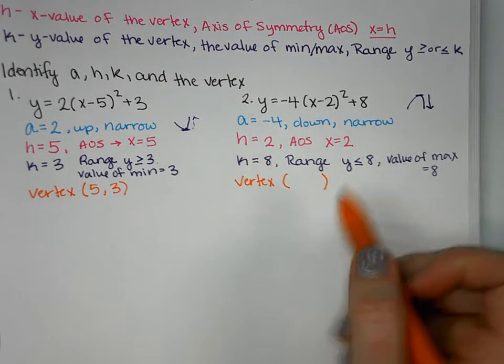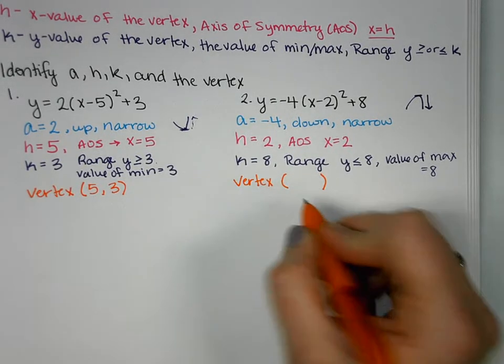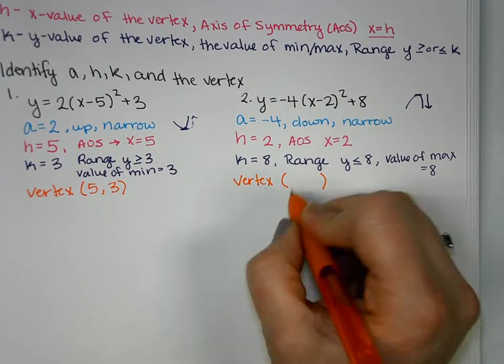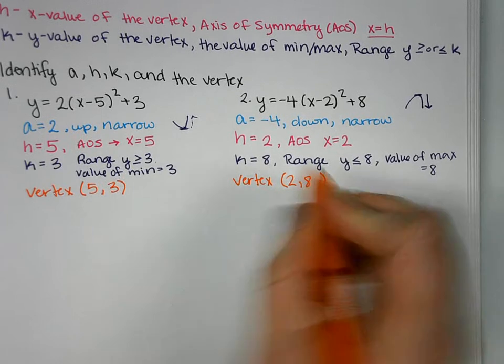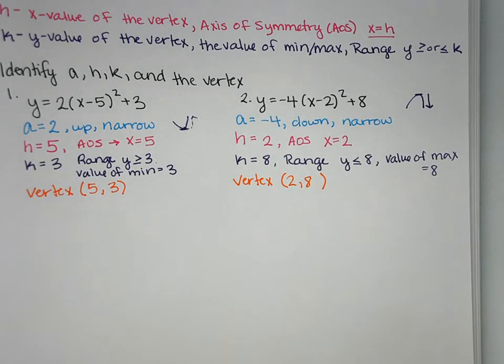Okay, what about the vertex? What would our vertex be? 2, 8. Okay, we're going to do another one.